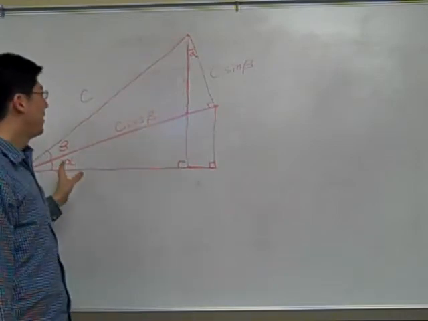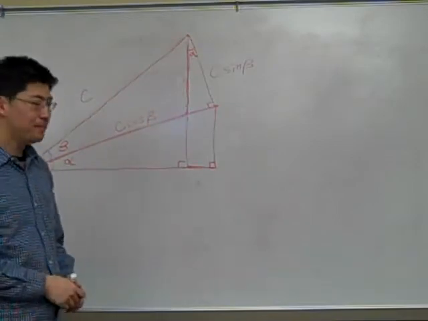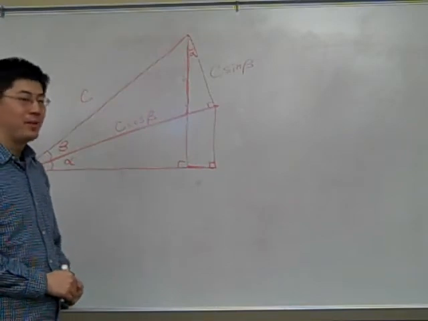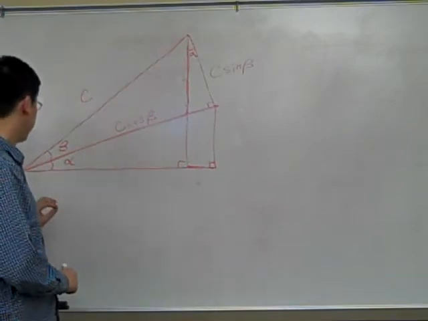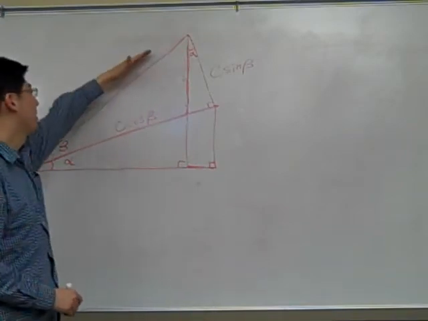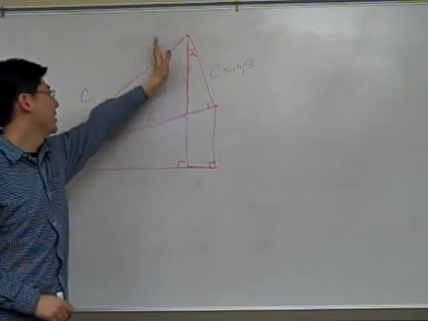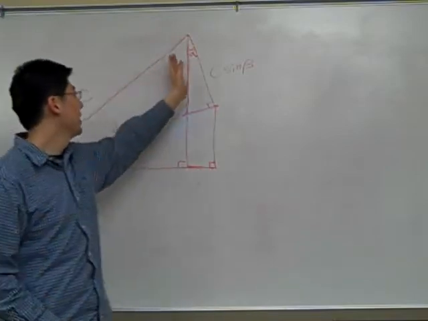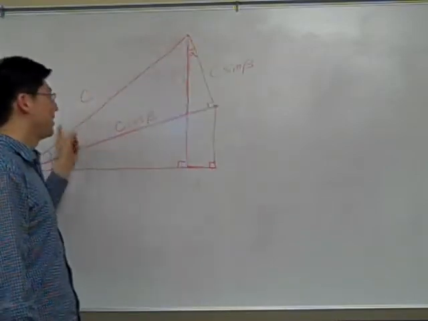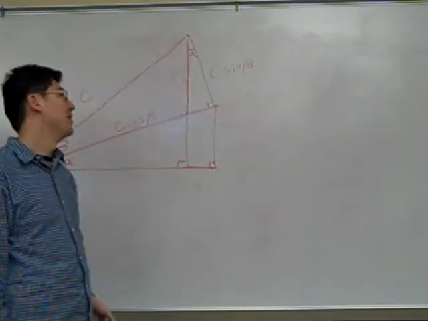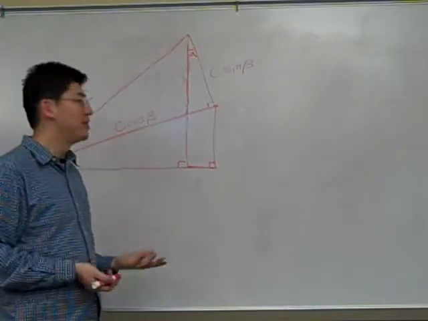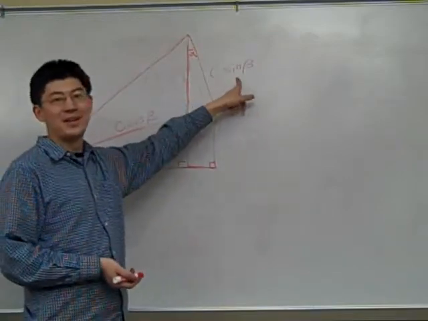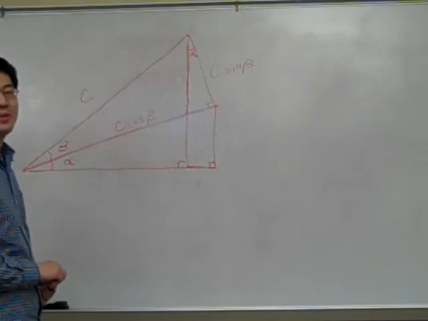But now that we understand the concepts, we can directly say, if we want the adjacent side, it's hypotenuse times cosine of the angle. If we want the opposite side, it's the hypotenuse times the sine of the angle. Once we know the rule, we can just directly apply it, and it should be true.